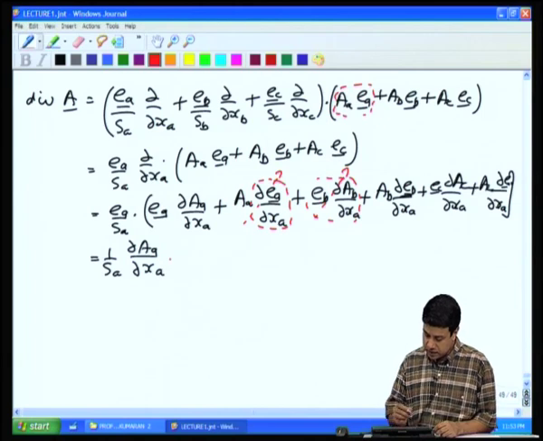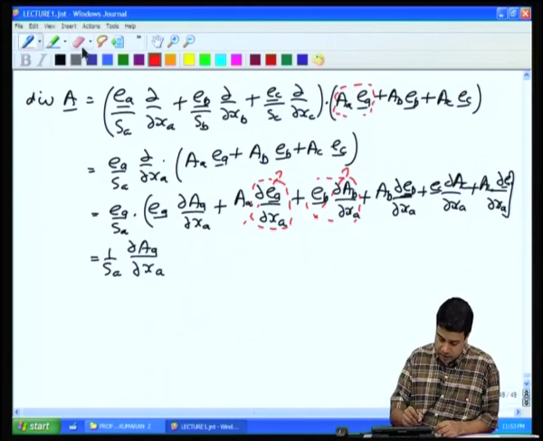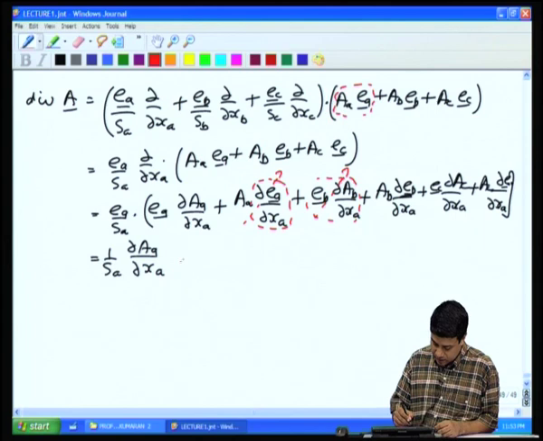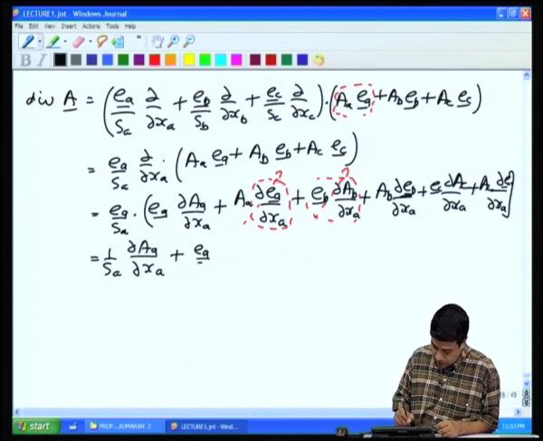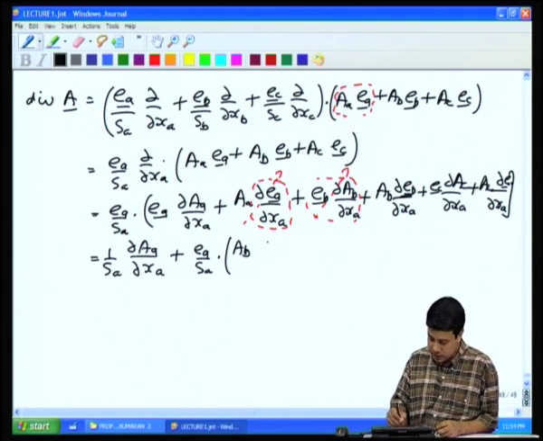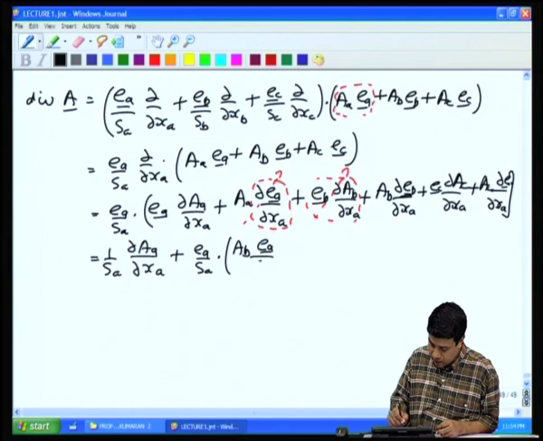Okay. So, this term, since e_B is perpendicular to e_A, this becomes 0. The next term of course is not 0, because ∂e_B/∂x_A, okay, becomes e_A/S_A dotted with A_B. ∂e_B/∂x_A is e_A/S_B ∂S_A/∂x_B. Okay.